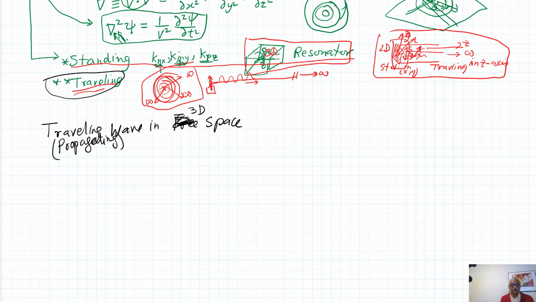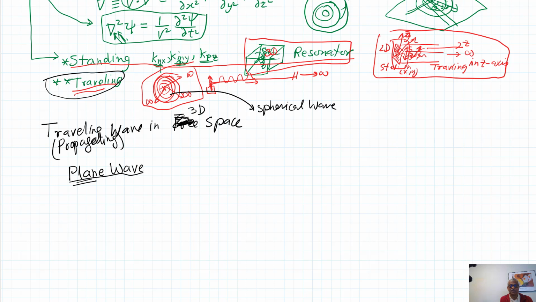All right, we will look at what are called plane waves. This is an example of a spherical wave, and we want to look at a plane wave, and we'll see why it's called plane.